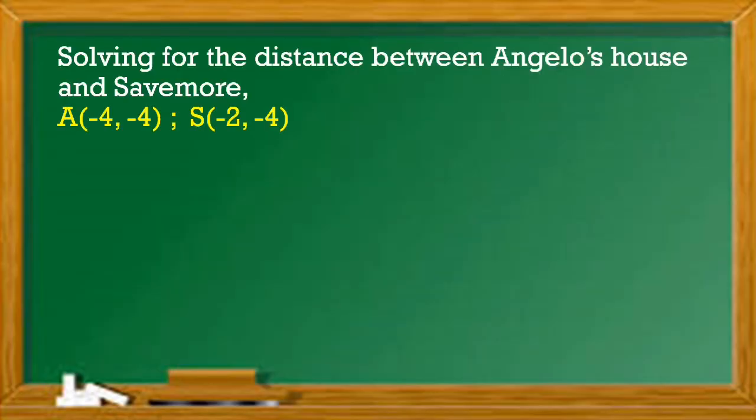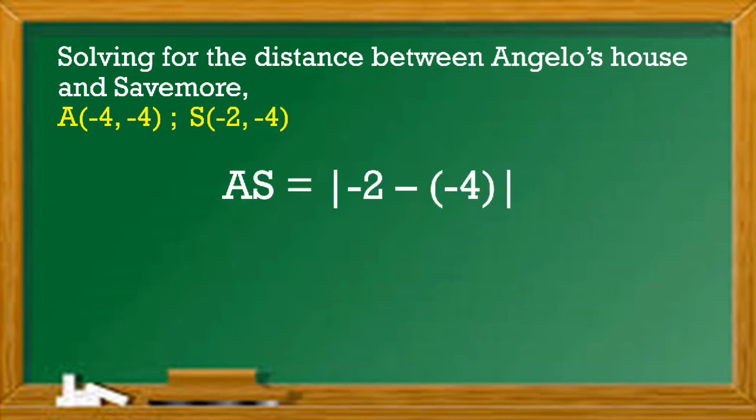Solving for the distance between Angela's house and Save More with point A, -4, -4, and point S, -2, -4. Since the 2 points are aligned horizontally, we can just count the number of units. Or, you may get the absolute value of the difference of their x coordinates.